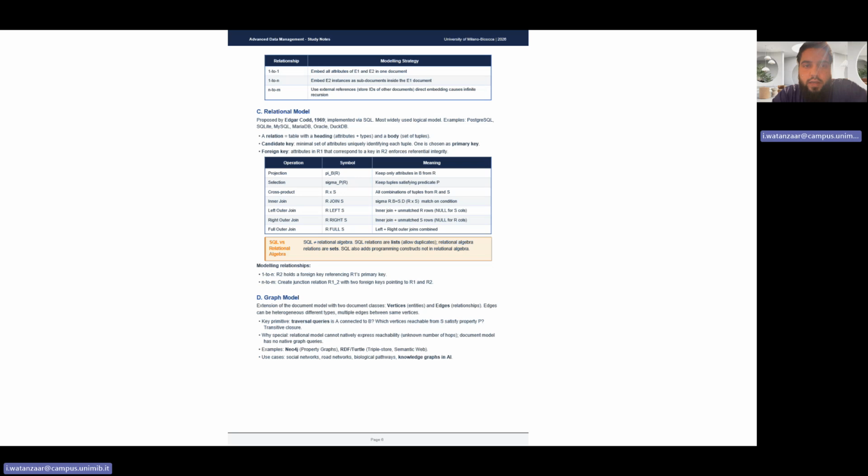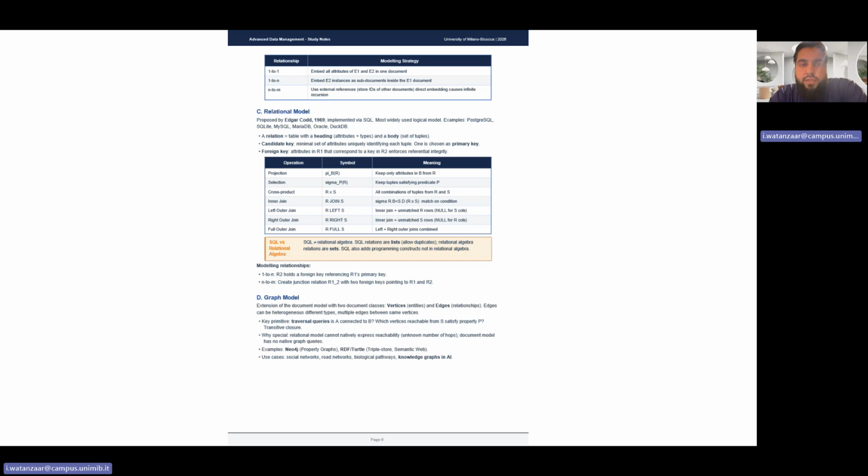Okay, now we are discussing document modeling, the logical data model, and its relationships. As we said, the limitation of the key value model is that it doesn't have any relationship support. But the logical data model of the document has relationship support.